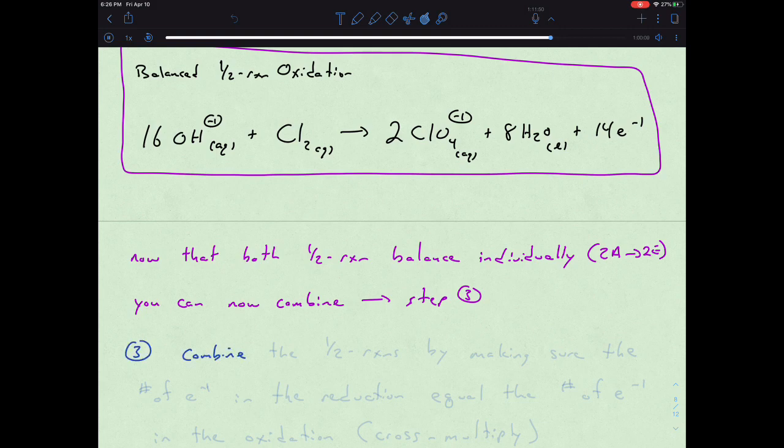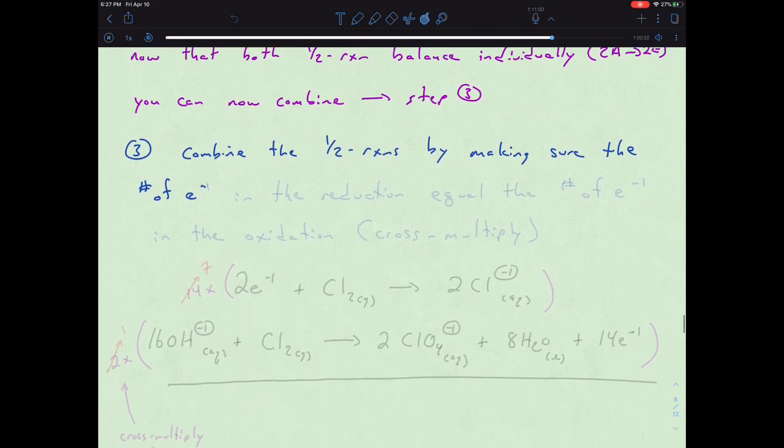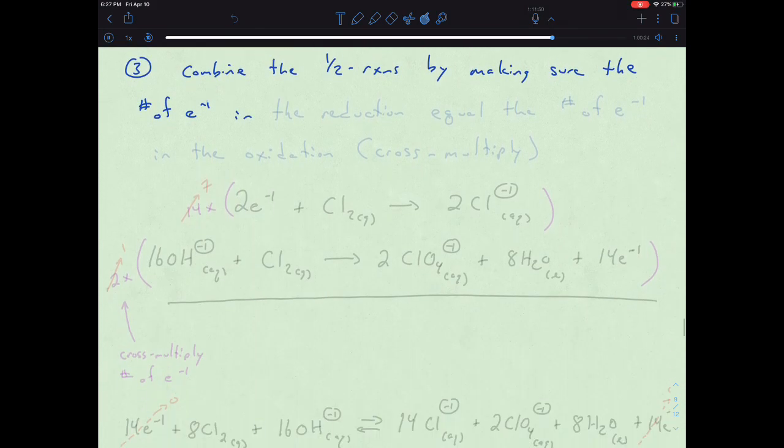And remember, we want to combine the half reactions by making sure the number of electrons in the reduction equal the number of electrons in the oxidation.